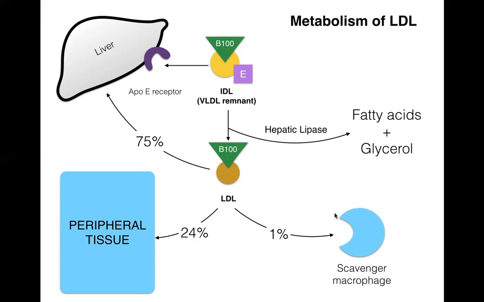It is actually those macrophages that have engulfed LDL that will ultimately give rise to the foam cells that initiate the cascade that results in the formation of atherosclerosis.